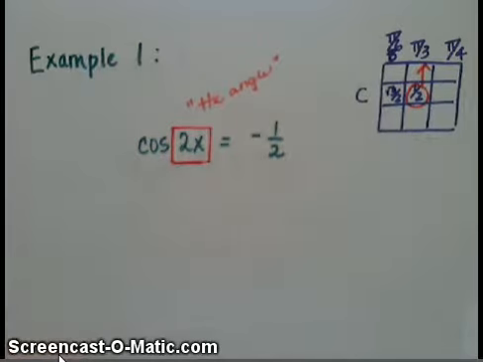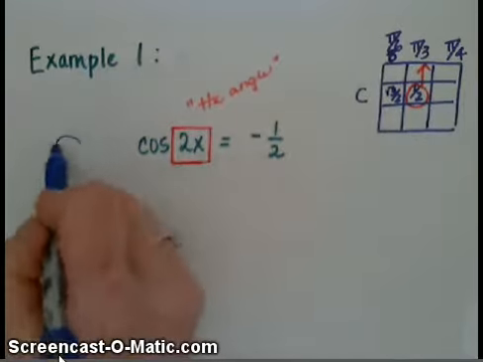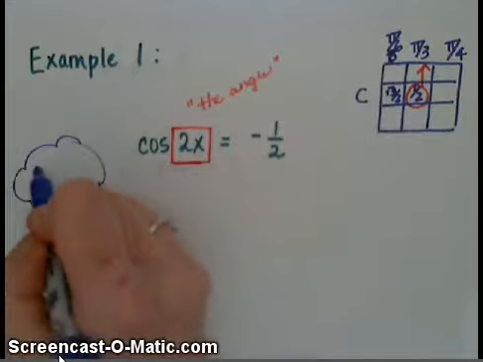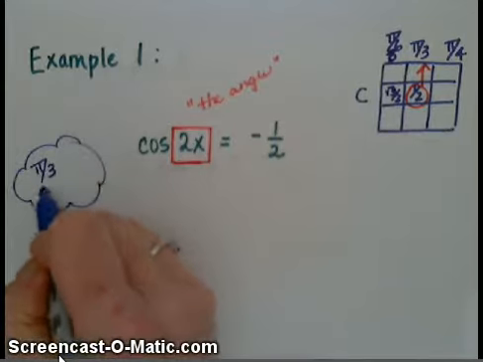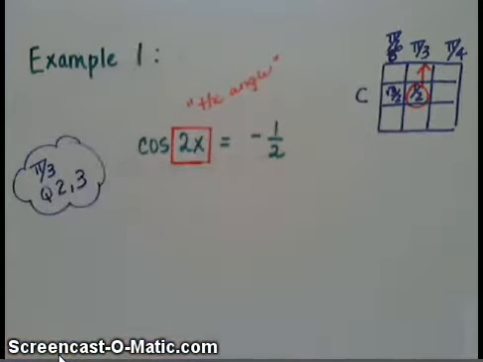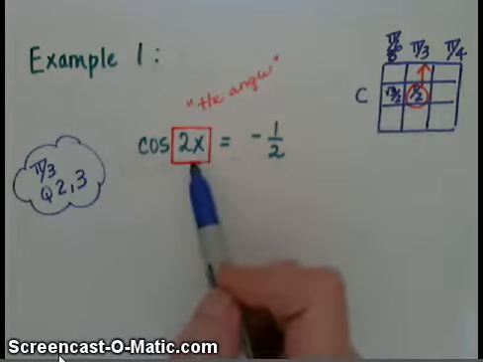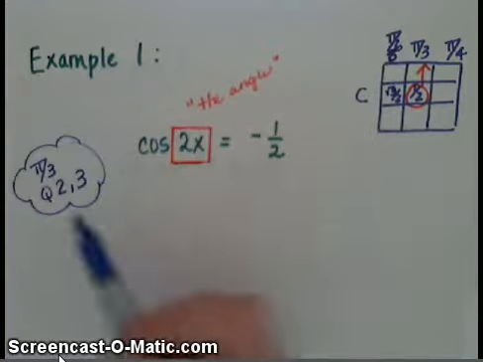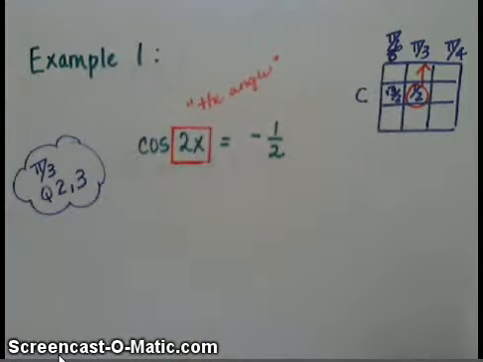Angles in, here's my thinking cloud, pi over 3 angles in quadrants 2 and 3. Those are the two places where cosine is negative. So I boxed the 2x and I just said, okay, the cosine of the angle is -1/2. So the angle would be the pi over 3 angles in quadrants 2 and 3.